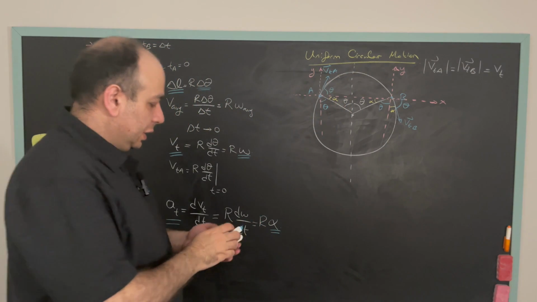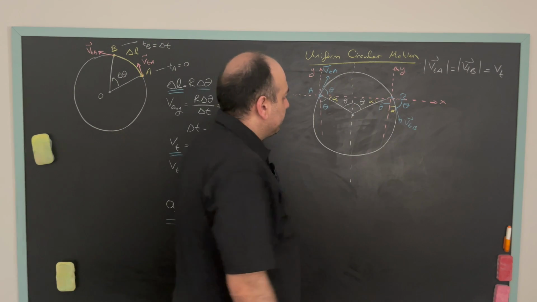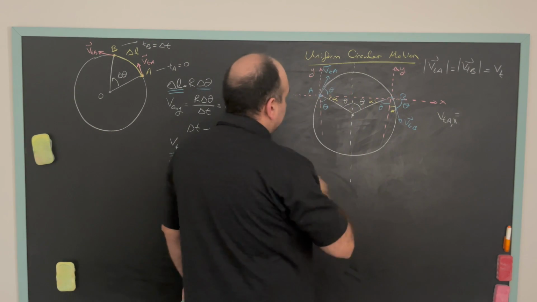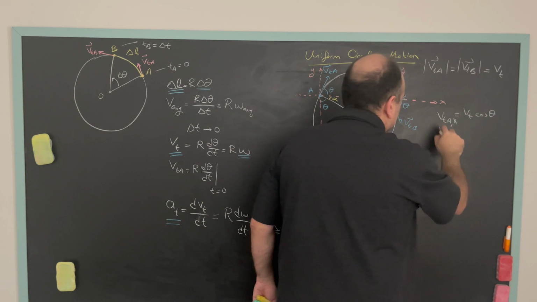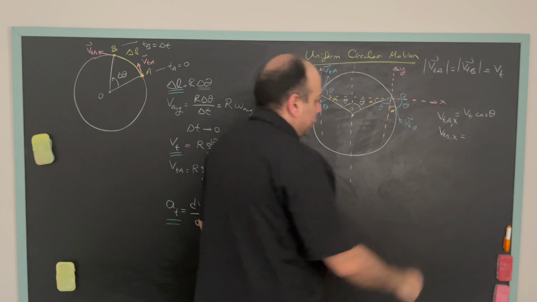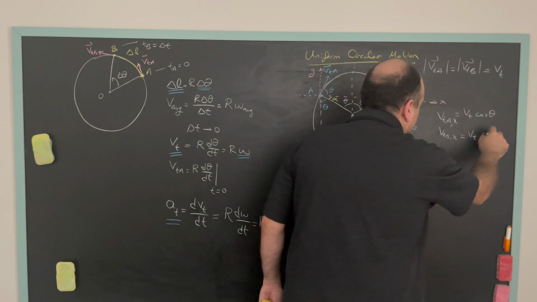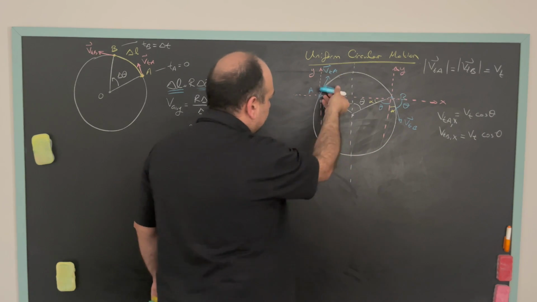This is very good. Let's find the components of VTA and VTB. VTAx is nothing but VT cosine theta, right? What is VTBx? This is also equal to VT cosine theta. Cosine theta and cosine theta.